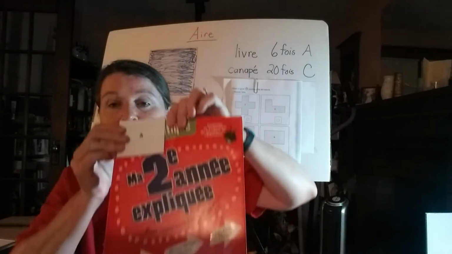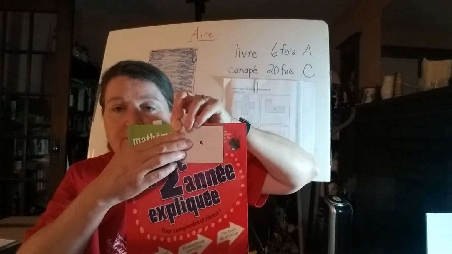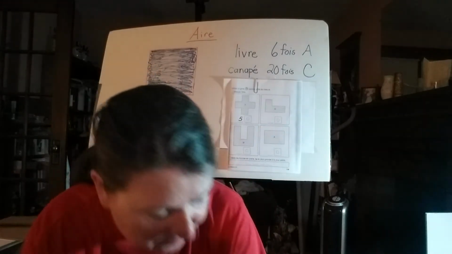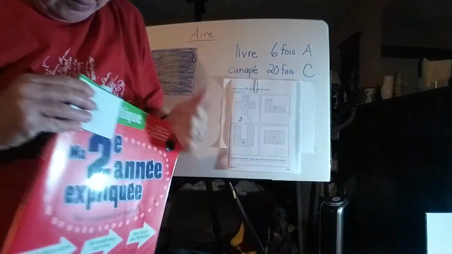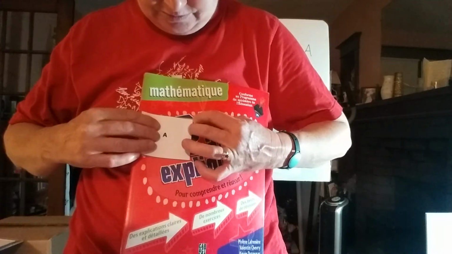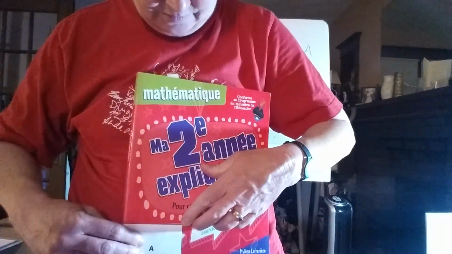I'm going to take my square and I'm going to use it to figure out the size of the book. 1, it's a little bit tricky to do while holding it up. 2, 3, 4.